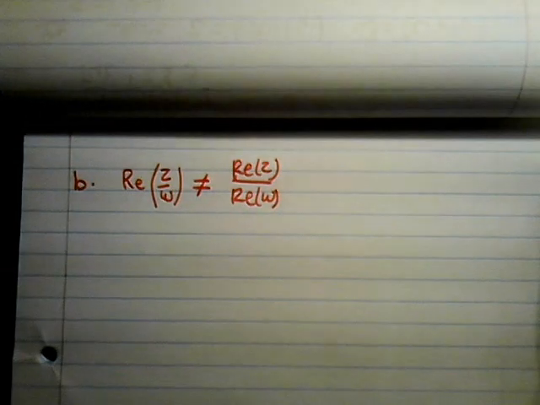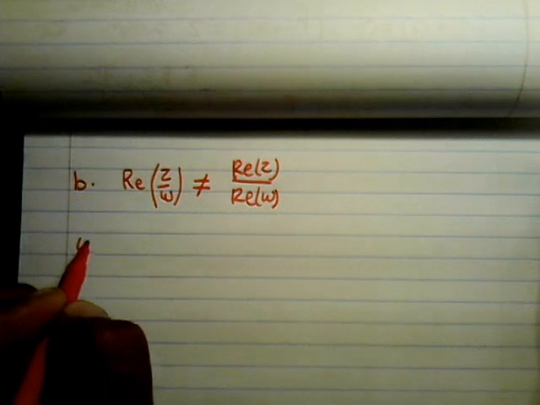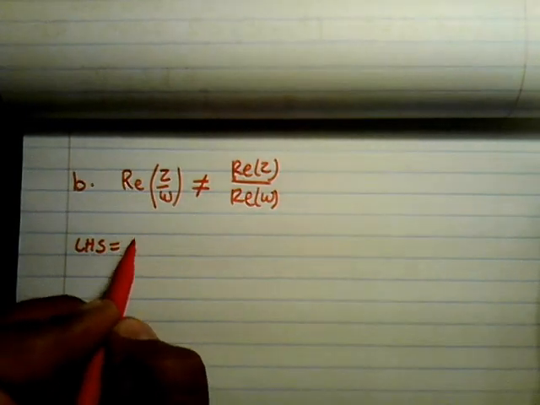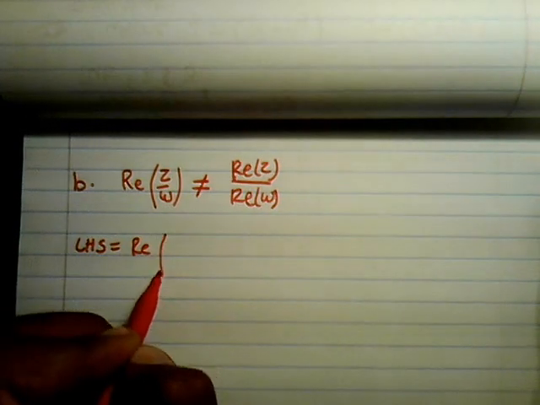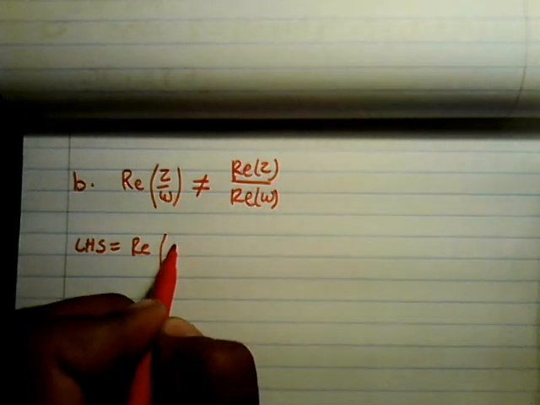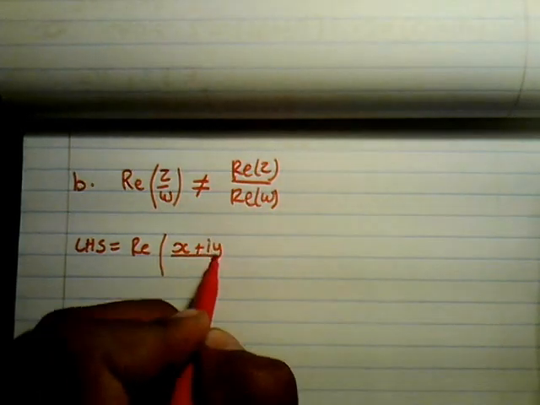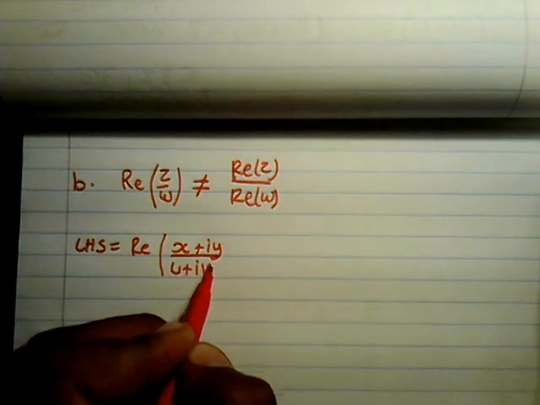Okay, to show this, we're going to start with the left hand side again. So LHS is equal to Re. I won't copy this, I'll just substitute. You said z is x plus iy divided by u plus iv.